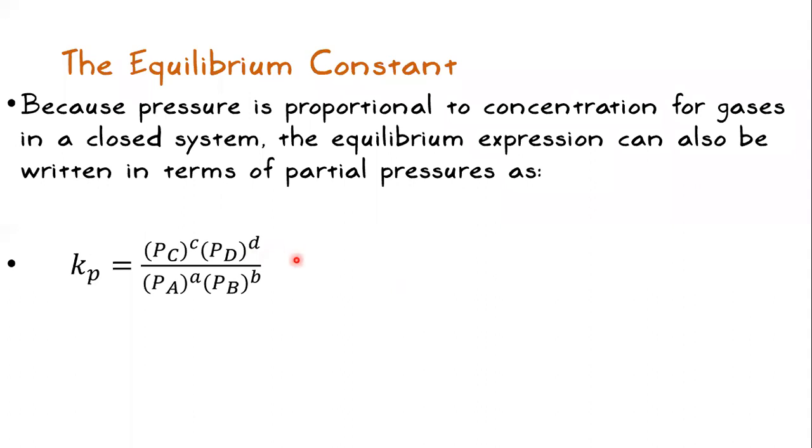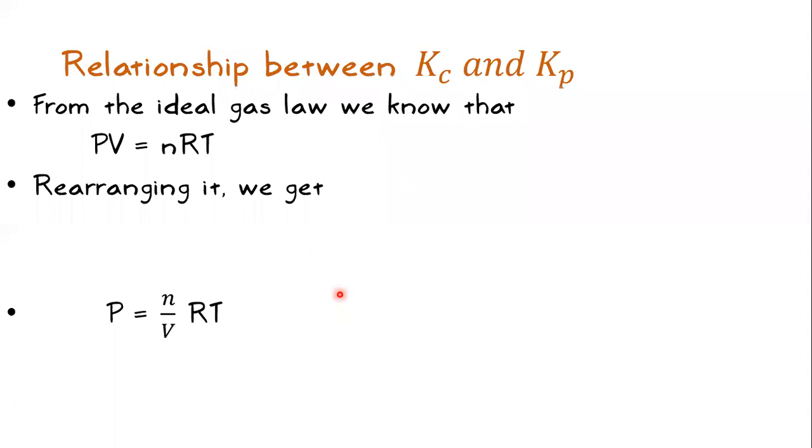So we are talking about the equilibrium constant in terms of pressure. So here we use partial pressures. So when you see Kp, it means you are referring to the equilibrium constant in terms of partial pressures. So let's try and get a relationship between Kc and Kp.